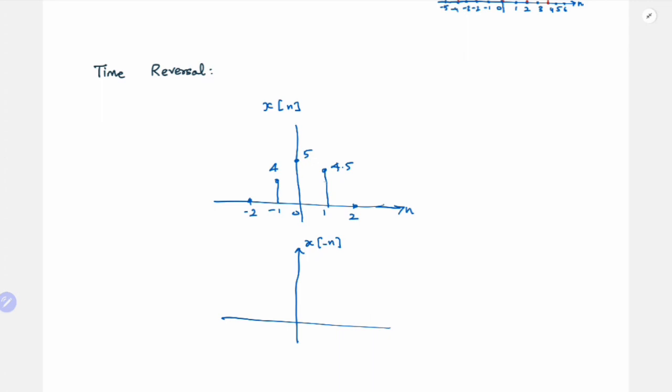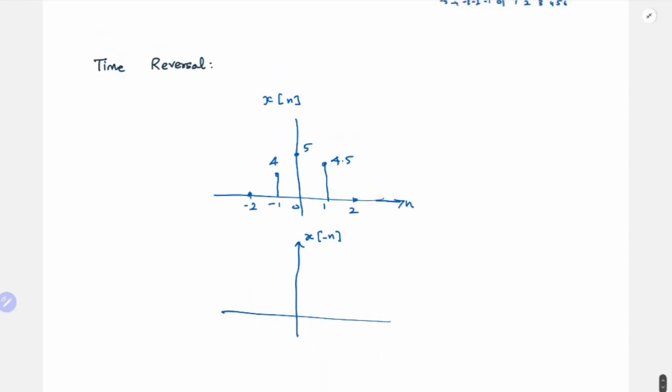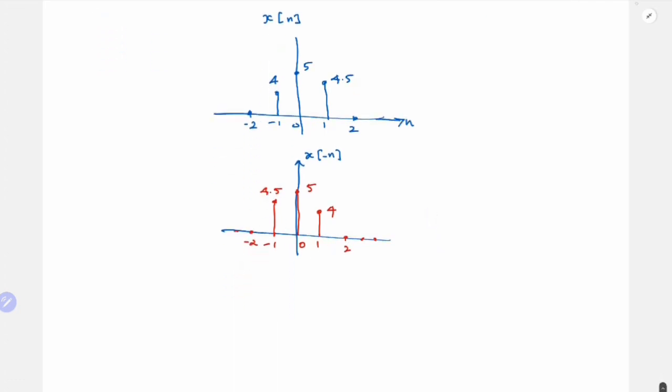It is just a mirror about the y-axis. Whatever is at the origin will remain the same. So my 5 will remain the same, 4.5 will come here, and my 4 will come here. So 0, 1, 2, minus 1. These will be zeros. This is my time reversal.